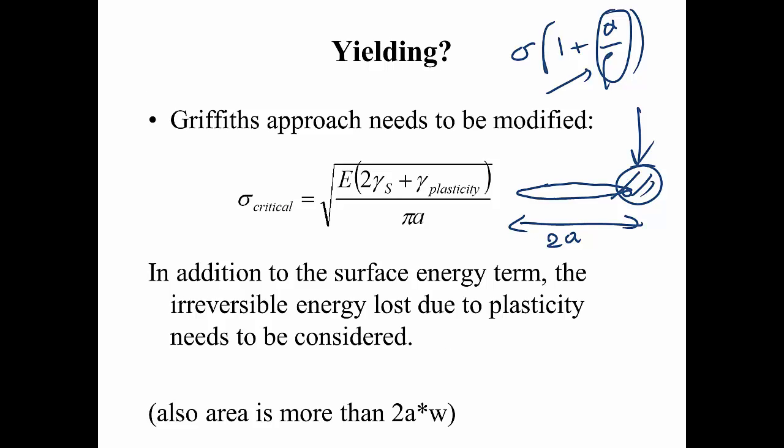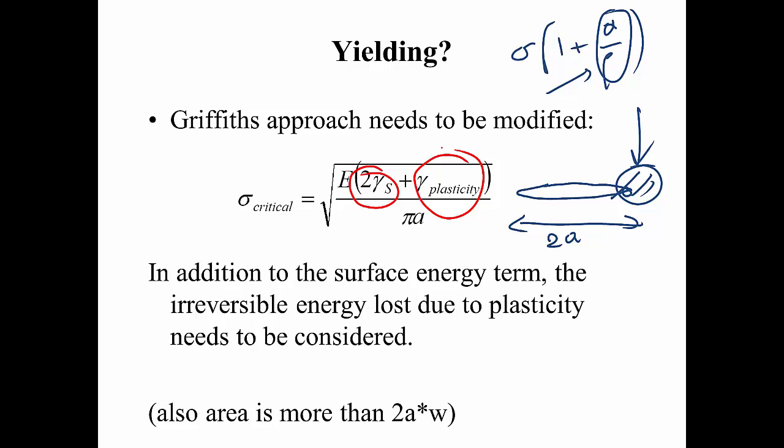This is exactly what people tried to do in the early stages. We said before that this is an area where energy goes into the creation of the new surface of the crack, but we have to include another factor here that represents the plastic energy, the energy to make the material yield plastically as the crack propagates.